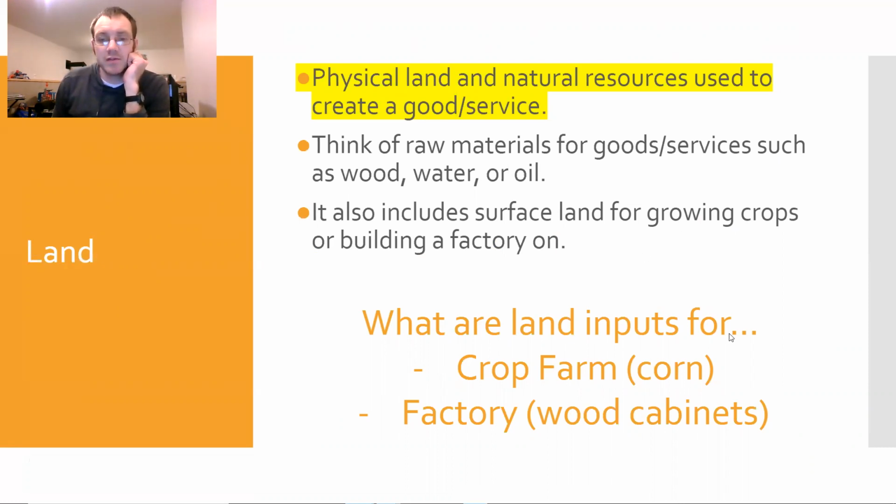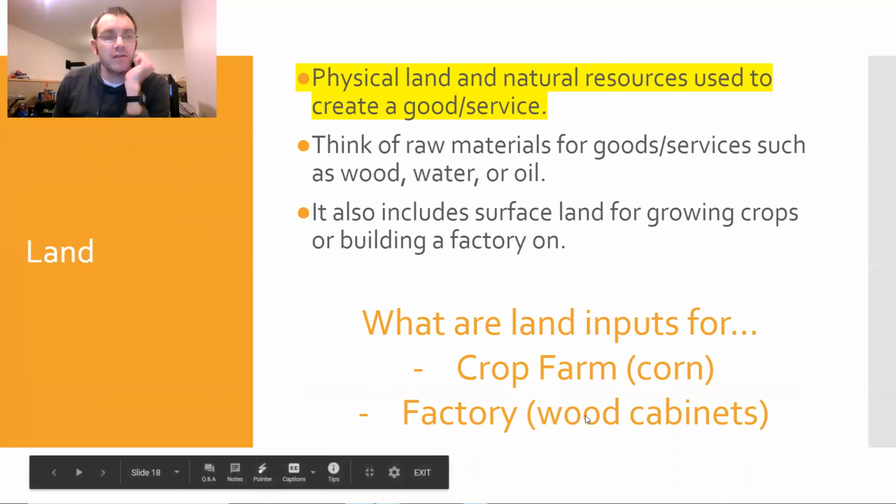So if you think about land inputs for corn, a crop farm growing corn, well, you have the natural resource of the seeds. You may have fertilizers. You may have pesticides. Those all fit. You have all those different kinds of things that fit in the land itself, the farmland. So that would fit for that one. If you think about a factory like Quality One making wood cabinets, well, for the land, you're going to have the land the factory's on, not the factory, that'll fit with capital.